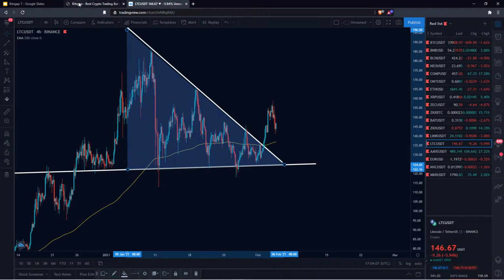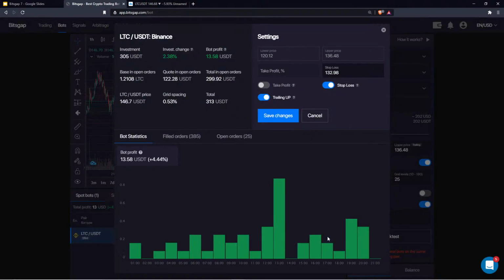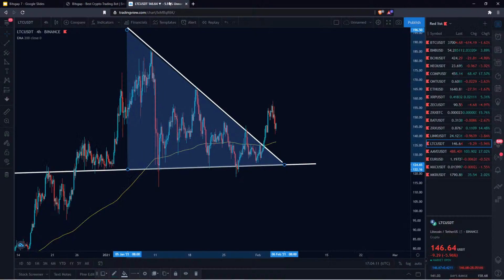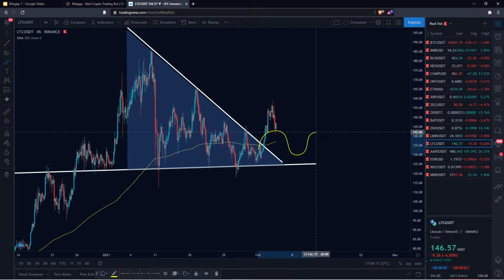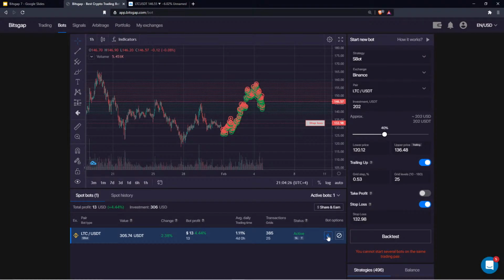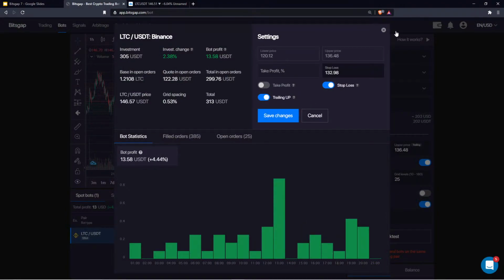So that's why I launched the bot, even though I expected the market to move sideways a bit, but I still anticipated that it might go even higher, and that's why I had my trailing up on.